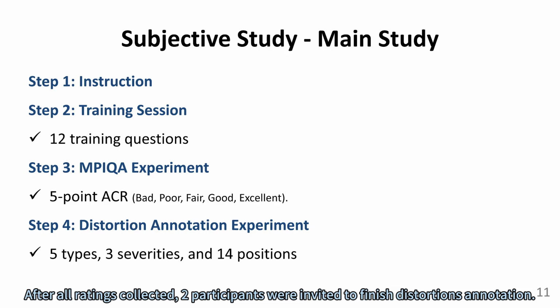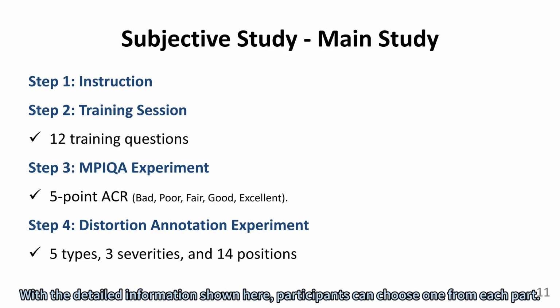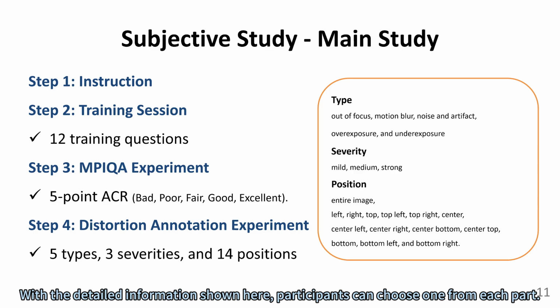After all ratings were collected, two participants were invited to finish distortion annotations. The distortions are labeled with 5 types, 3 severities, and 14 positions. With the detailed information shown here, participants can choose one from each part.